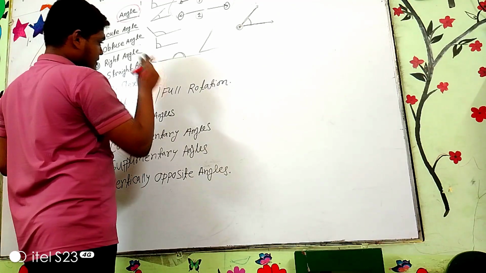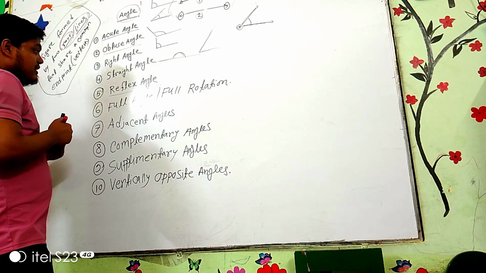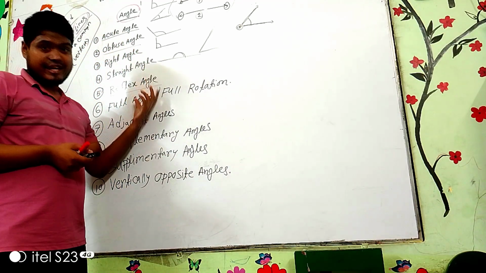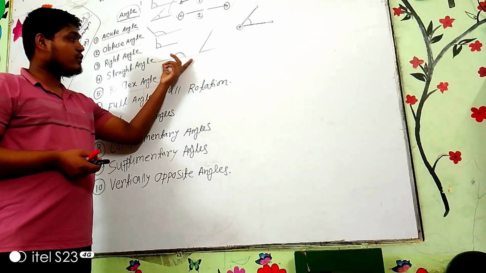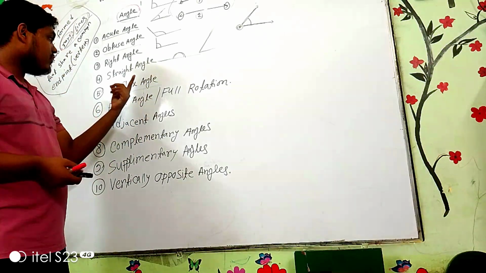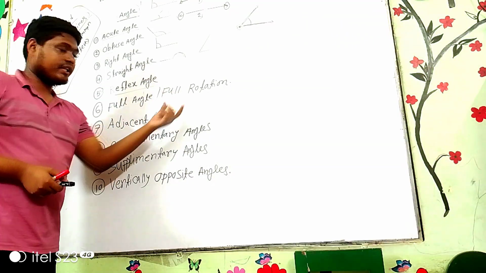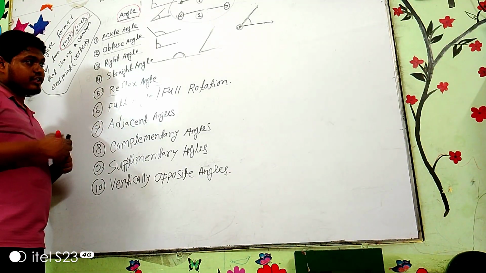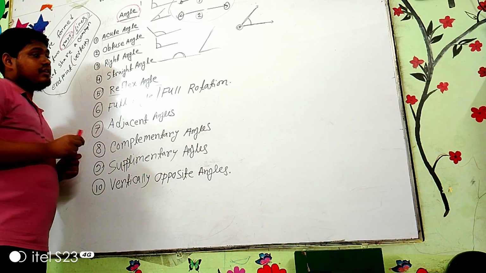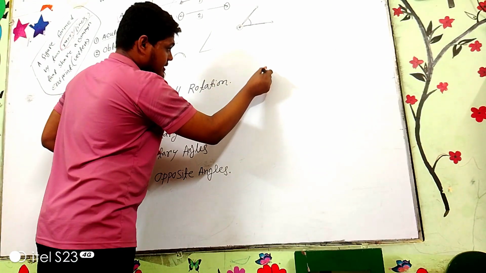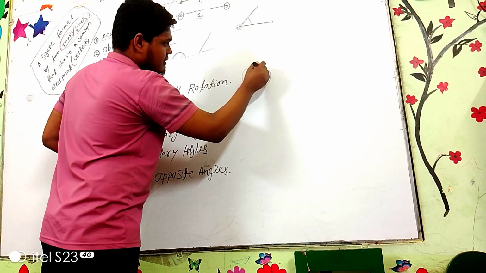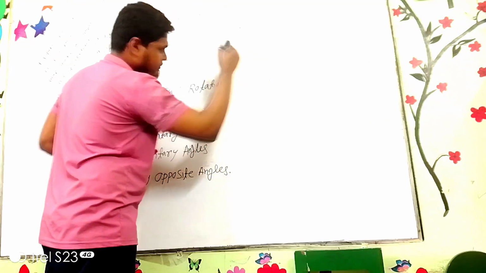This is called reflex angle, that means more than a straight angle. Full angle or full rotation is an angle which is exactly 360 degree.